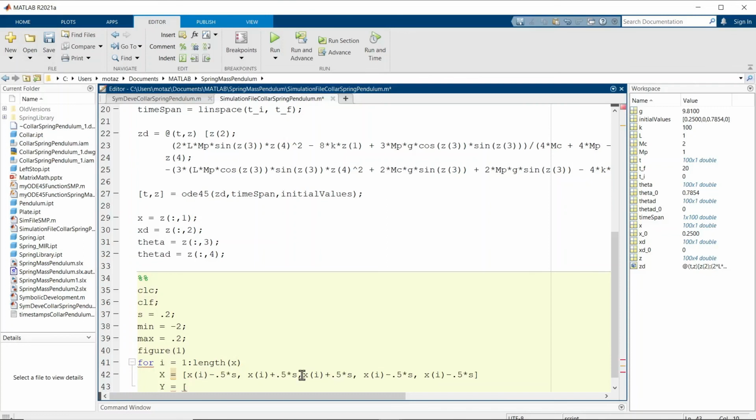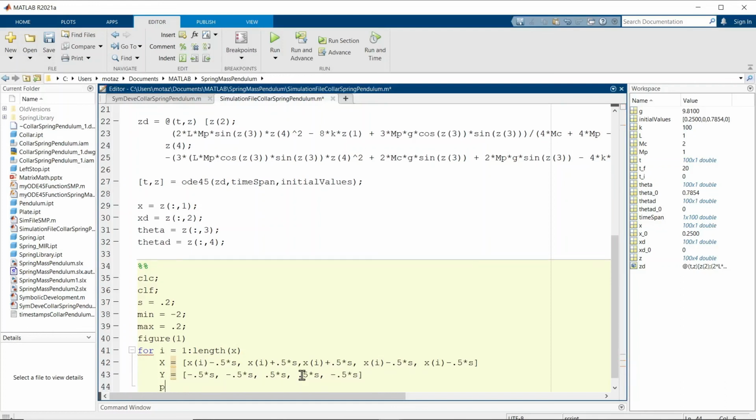So it's a negative 0.5 times s, negative 0.5 times s, positive 0.5 times s, positive 0.5 times s, and a negative 0.5 times s.